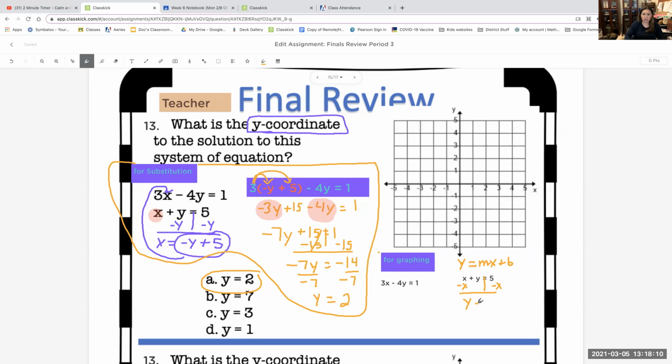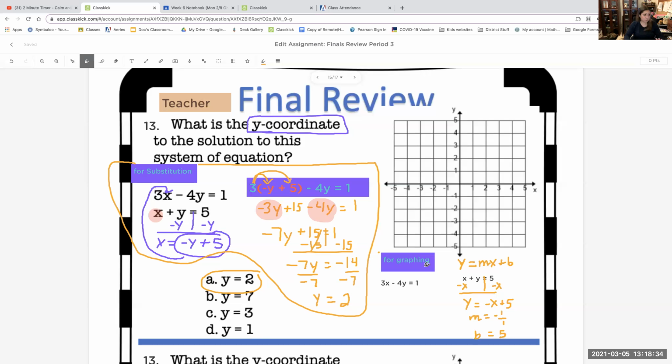And I get y equals, again, I can't do anything with that guy, so I'm going to have negative x plus 5. So my slope equals negative 1 over 1. And then my y-intercept is going to give me 5.